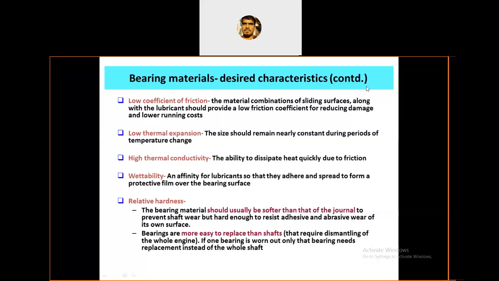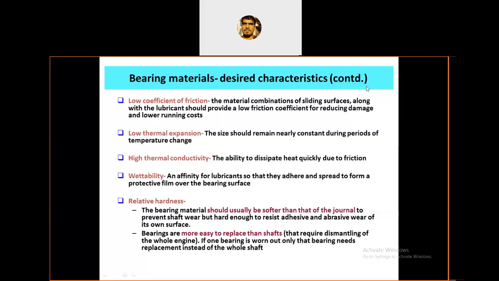That is thermal expansion. A change in temperature may change the dimension or shape of the component. So a better or preferred bearing material should have a low thermal expansion. Even though temperature increases, it should not change its dimension or shape.